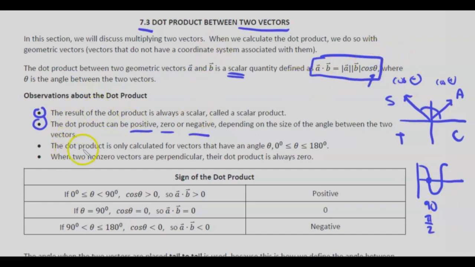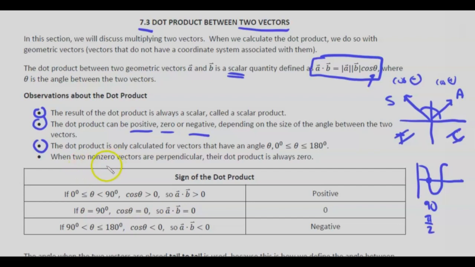As I threw out there, the dot product is only calculated for vectors that have an angle between 0 and 180. So we're not going to worry about the T quadrant, and we're not going to worry about the C quadrant. We're only worrying about quadrant 1, the A quadrant, and quadrant 2, the S quadrant.